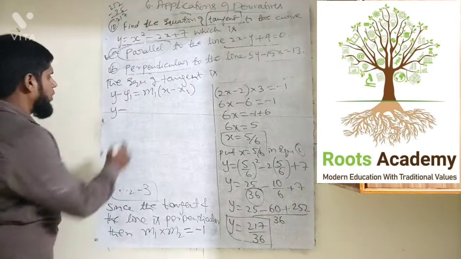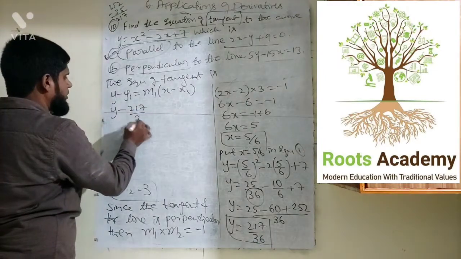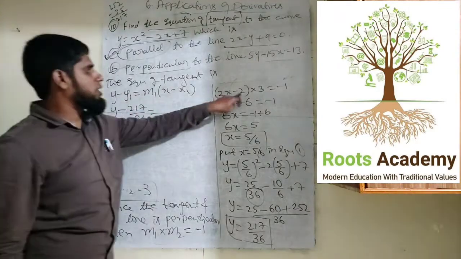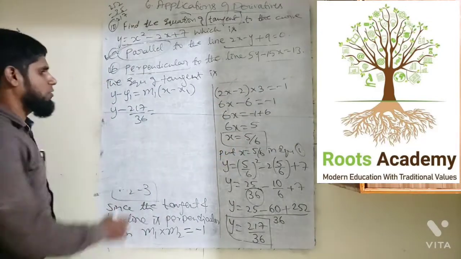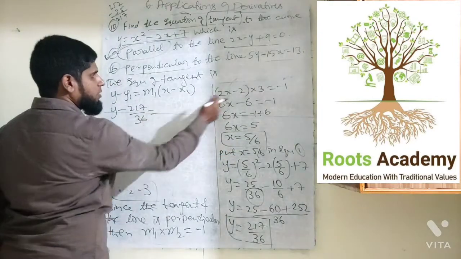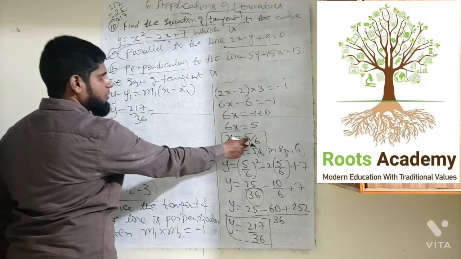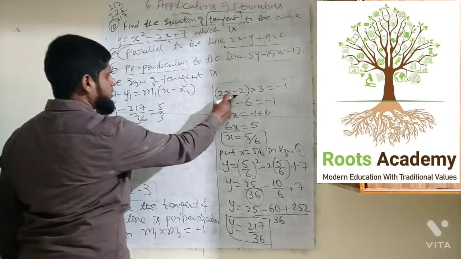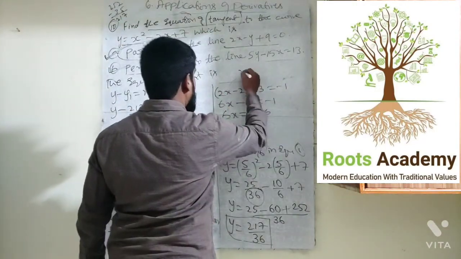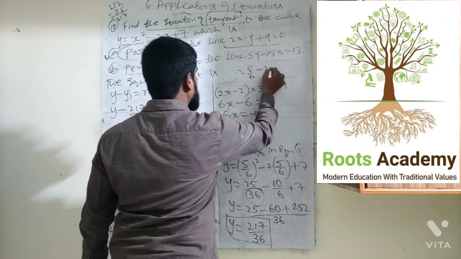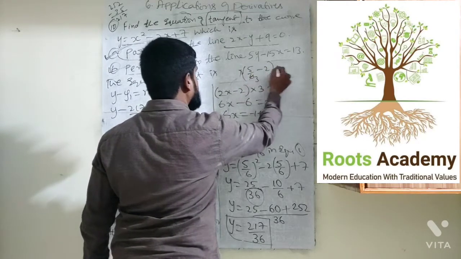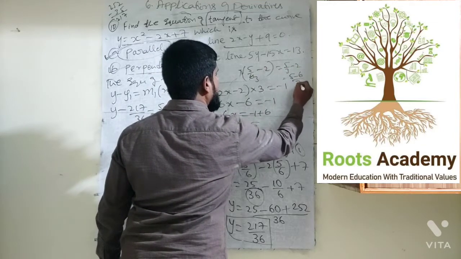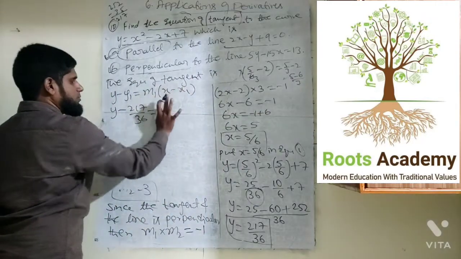So y minus 217 by 36 is equal to the slope 2x minus 2, but x is 5 by 6. Let me do the rough work here. 2 times 5 by 6 minus 2 is 5 by 3 minus 2, which is 5 minus 6 by 3, that is minus 1 by 3.